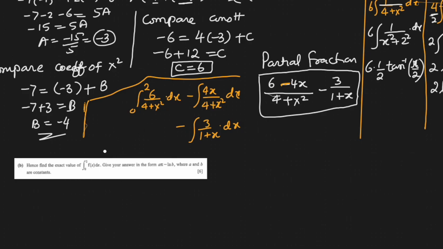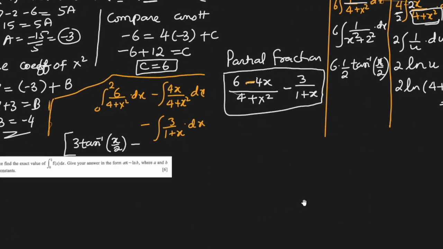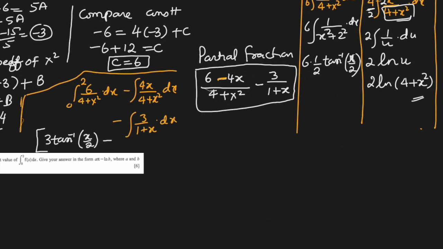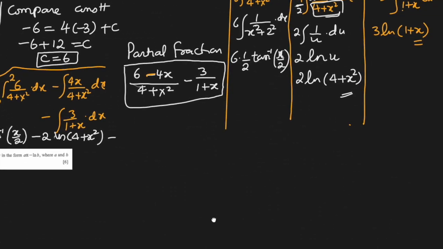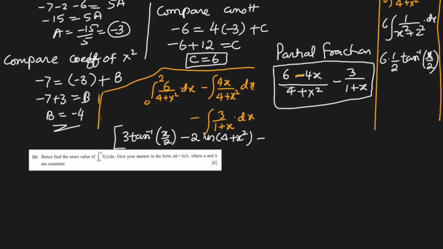So our combined integration becomes 6 divided by 2, 3 tan inverse x over 2, minus 2 natural log 4 plus x square, minus 3 natural log 1 plus x, plus c, and we have to write from 0 to 2.